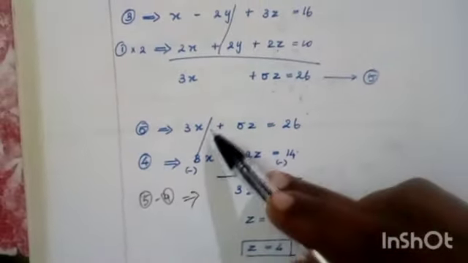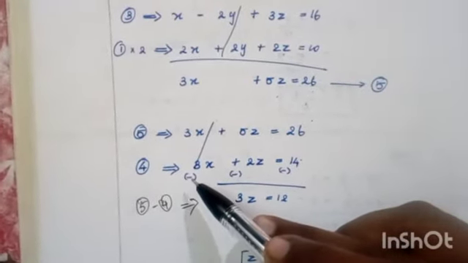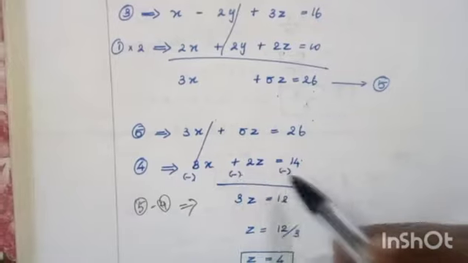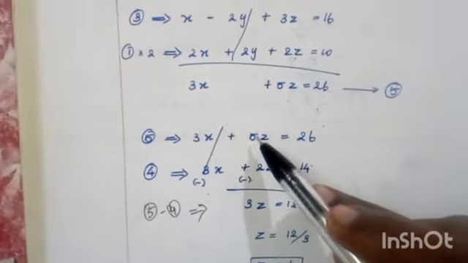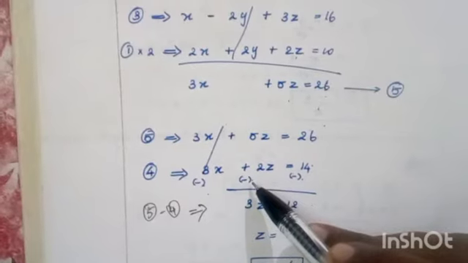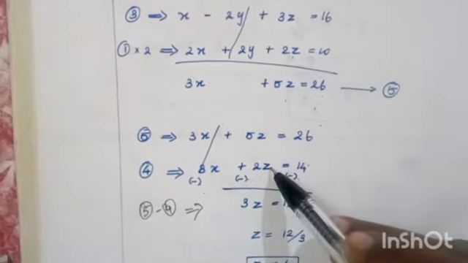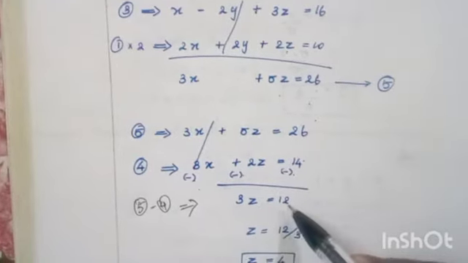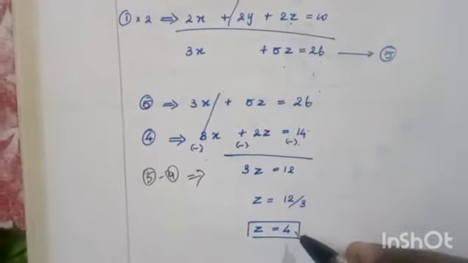When you are subtracting the two equations, change the sign of the second equation. So plus and minus cancel. After changing the sign, we have 5z minus 2z, so that is 3z equal to 12. So z equal to 12 by 3, that is equal to 4.